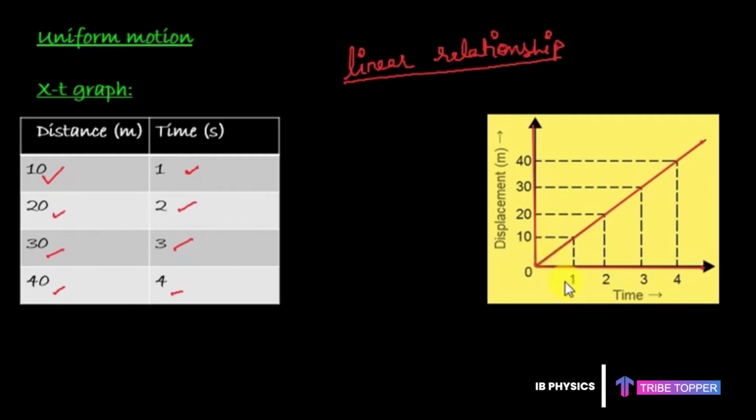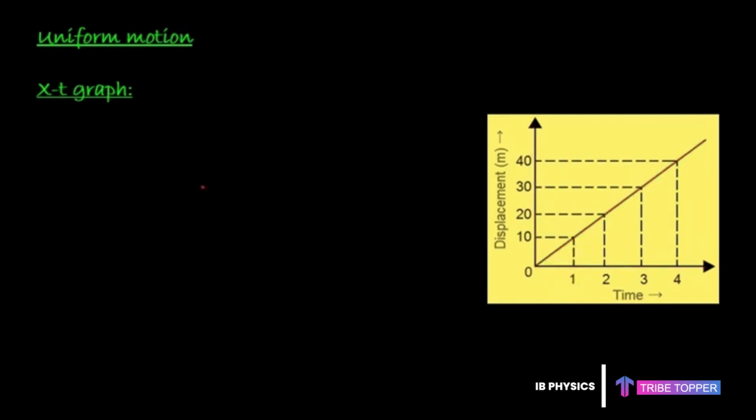Interestingly, this graph has one more significance, and let's see that. If we find the slope of this graph, slope is calculated as the height upon base. So let's take these 2 points. Height is 20 and the base is 2 seconds.